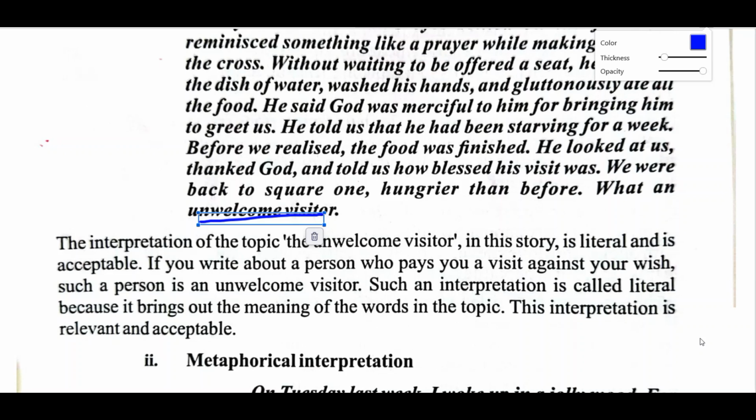So the interpretation is direct and it's about a person. Since it's direct and about a person, this is what we call literal interpretation. So literal interpretation is when the interpretation is just direct about what you are talking about. It's not that deep. Now let's move on to metaphorical interpretation.